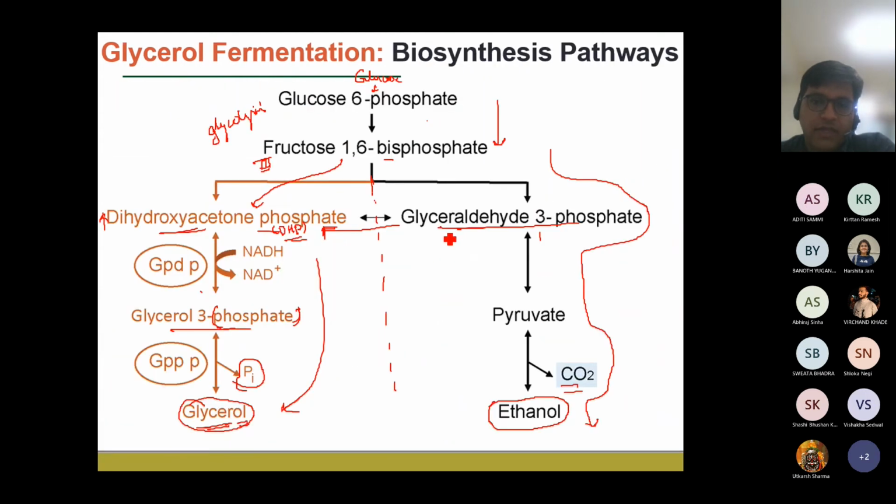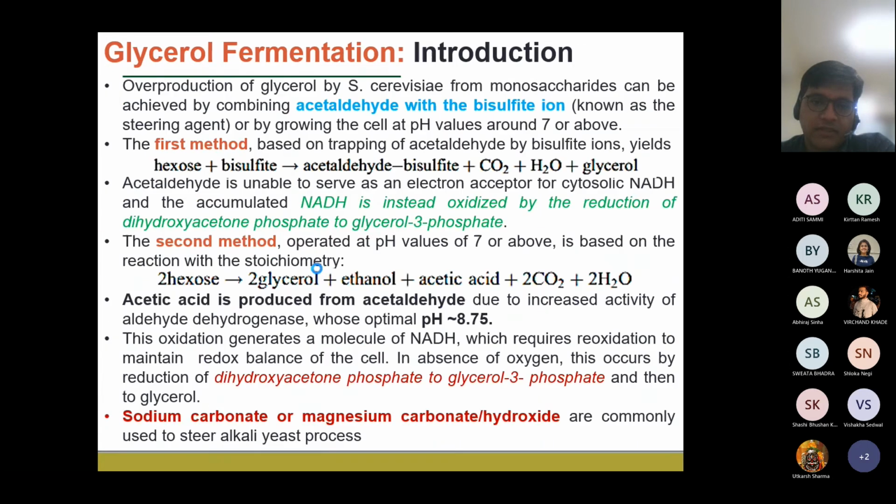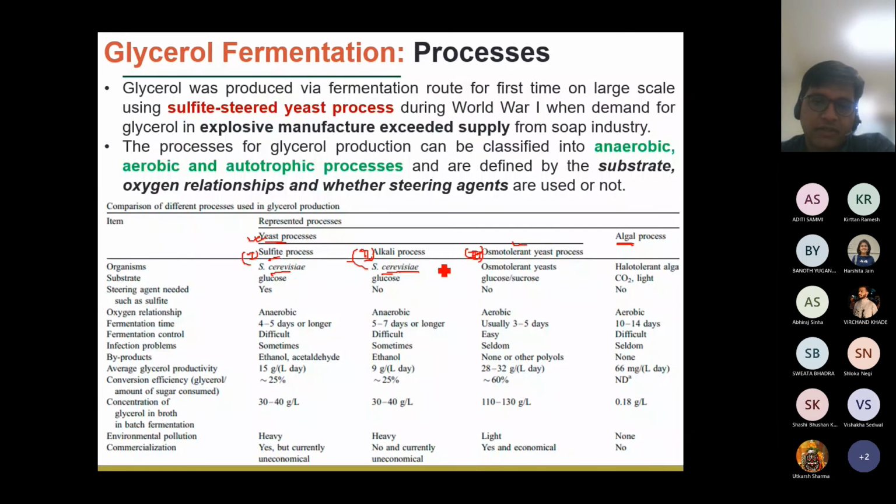There are three processes: the sulfide process, the alkali process, and the osmotolerant process. As the name suggests, the alkali process requires adding some alkali, and in the case of sulfide we add some quantity of sulfide. This addition tunes the biochemical pathway in such a way that it improves the production of glycerol.